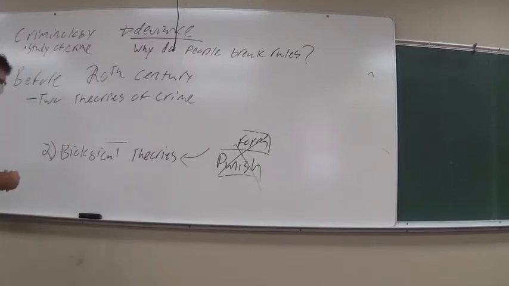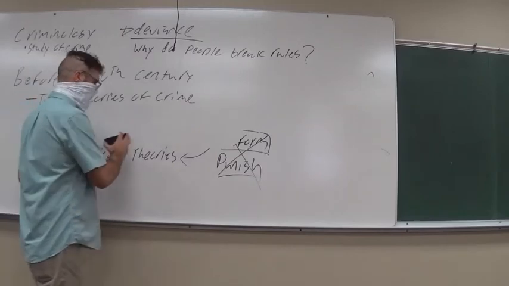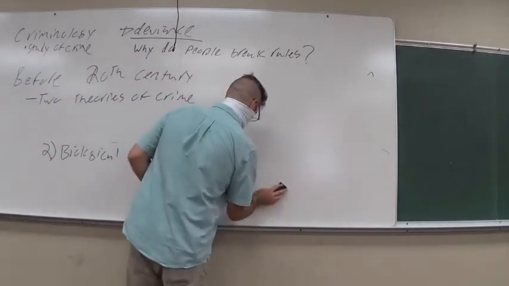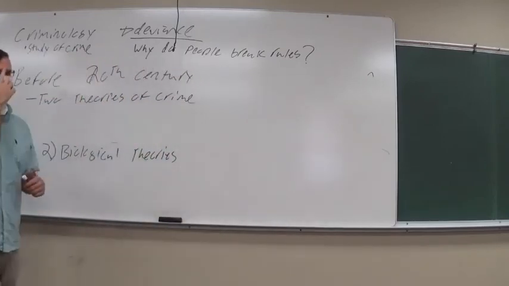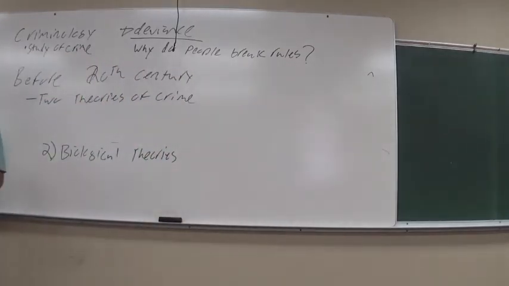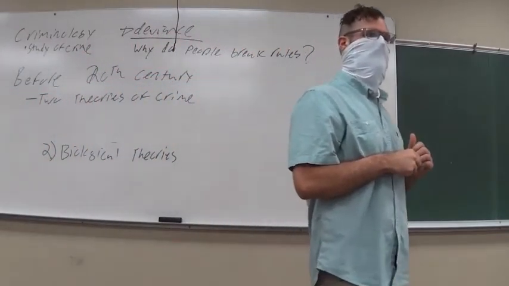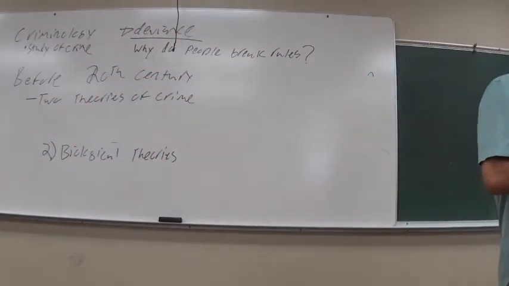The other is biological theories. So what would be an example of a theory of crime based on biology? Well, there's some research that says people are genetically more inclined to have certain behaviors.